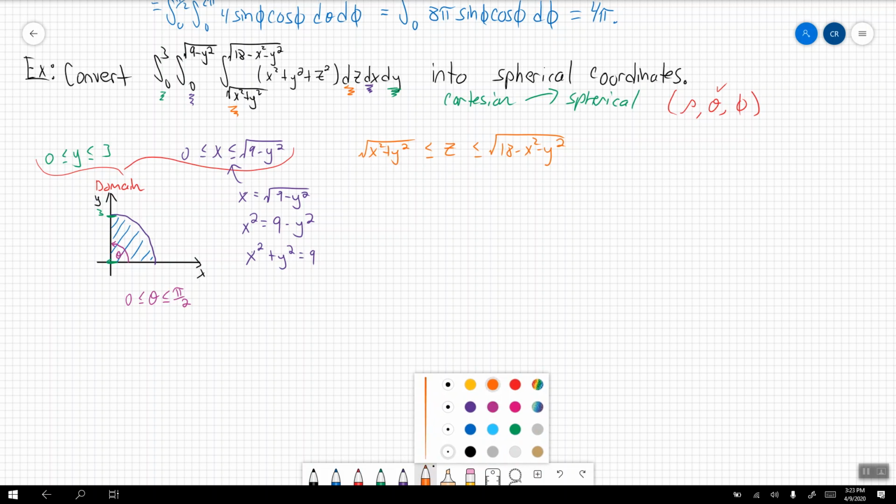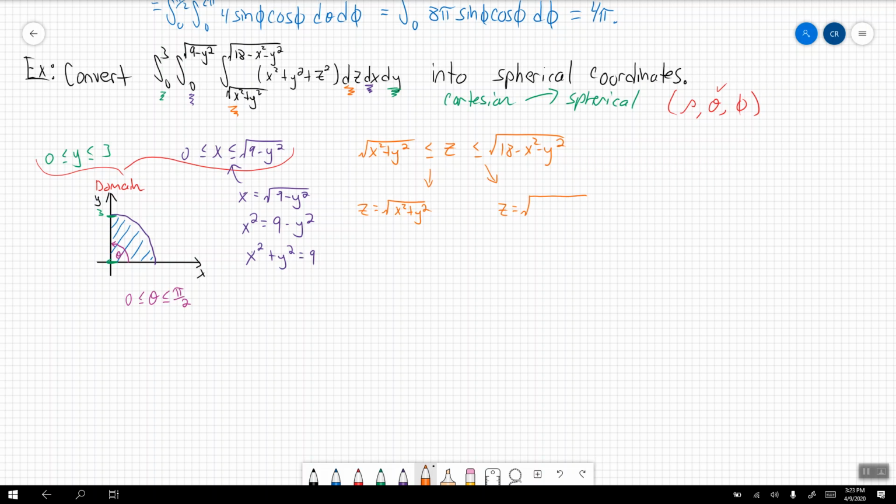Working with those z values, I'm going to extract one equation that z is going to be equal to the square root of x squared plus y squared. And then I'm also going to extract that z will also be equal to the square root of 18 minus x squared minus y squared.